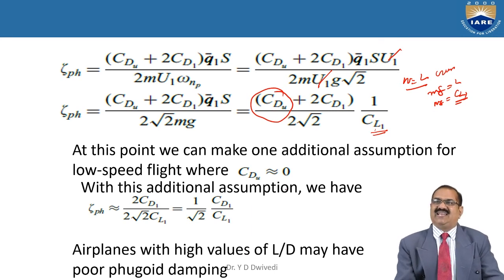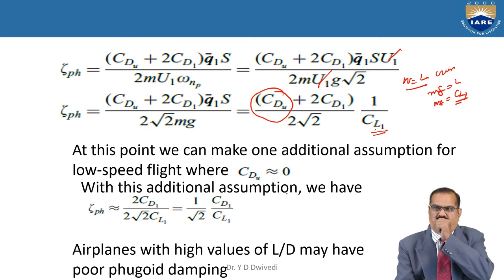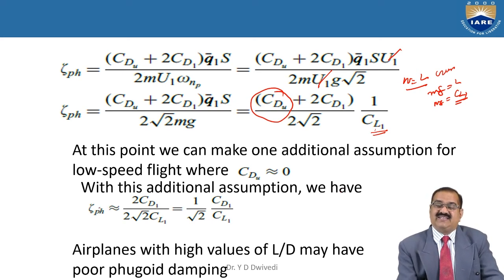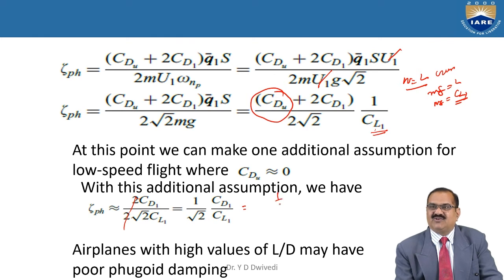With this additional assumption, we get a very interesting result: the damping ratio zeta is equal to 2 C_D1 by 2 into root 2 C_L1. The 2 and 2 cancel, so it is 1 by root 2 times C_D1 by C_L1. We can also write 1 by root 2 times 1 by (C_L1 by C_D1).